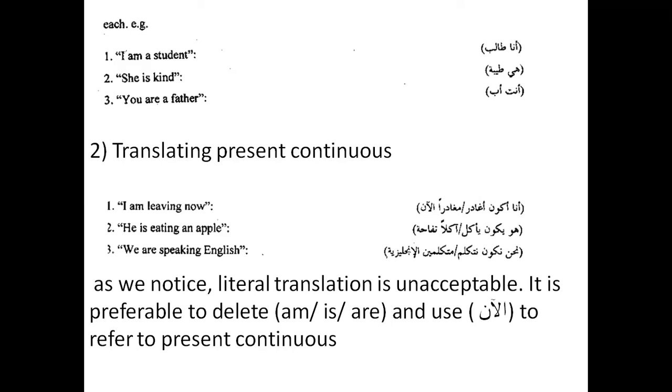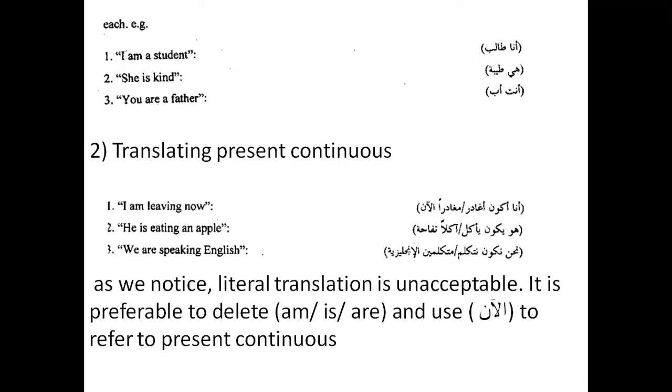"He is eating an apple": هو يكون يأكل تفاحة الآن. "We are speaking English": نحن نكون نتكلم الإنجليزية. Actually, if you look at the Arabic sentences, أنا أكون أغادر الآن, it looks in some way strange.